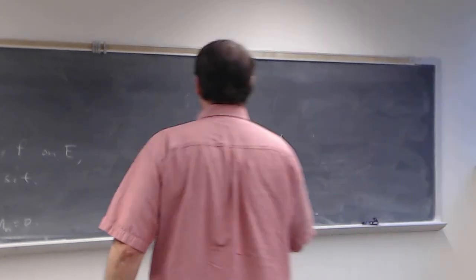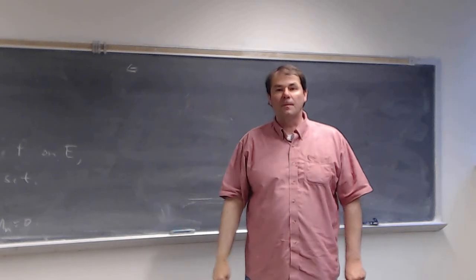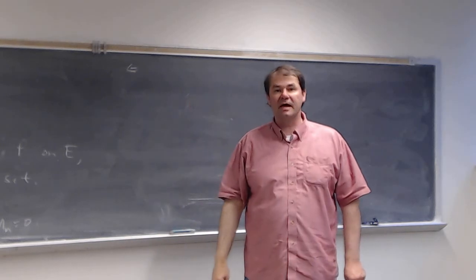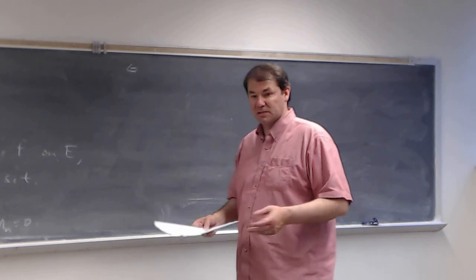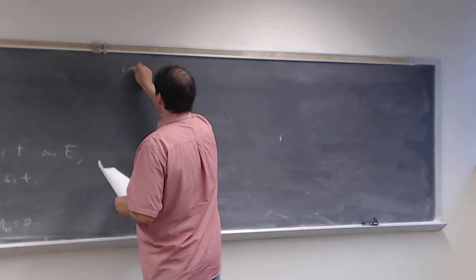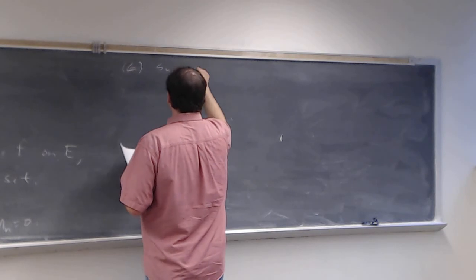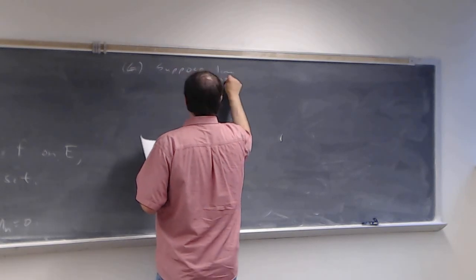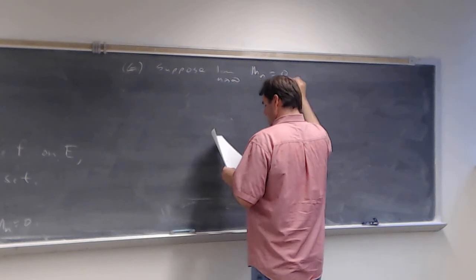Okay, now I have to do the other half. By the way, as I start this second half of the proof, this theorem is stated in our text, but is not proven. And so this is something that's not in your text. So here's the other direction. Suppose the limit as n goes to infinity of M sub n does equal 0.